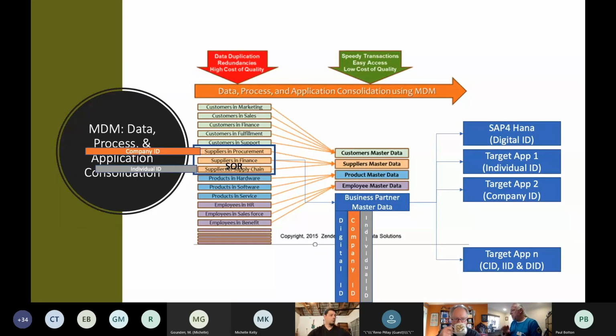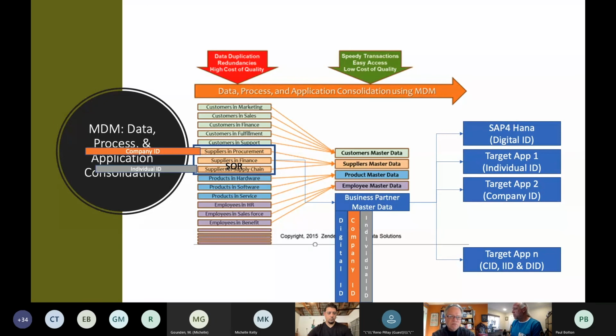So the idea is that we would create a master data system with a digital ID that we allocate to the business partner. We would then bring in a series of attributes that reflect the company and how we identify the company. We would bring in a series of attributes that reflect the individual.